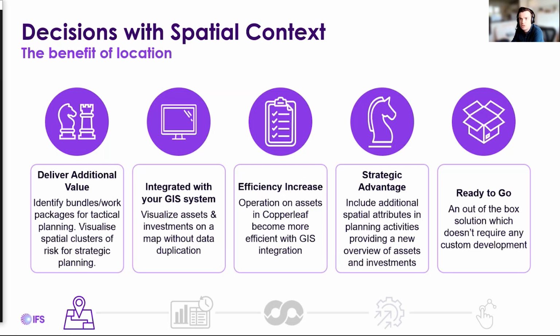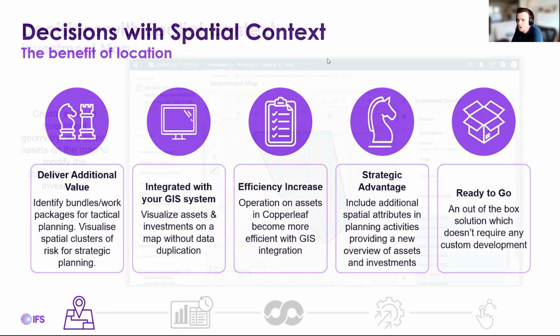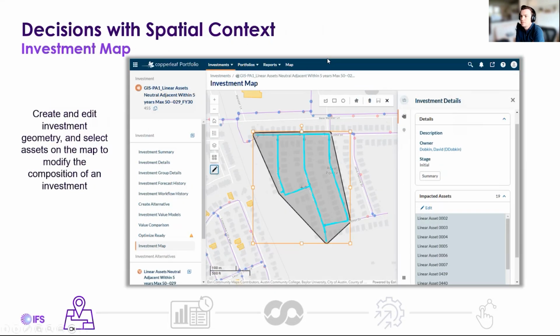So now that we've covered some of the benefits and understood what it can do for us, we'll have a look and see what that actually looks like in reality. So in Copperleaf, we can have investment maps.